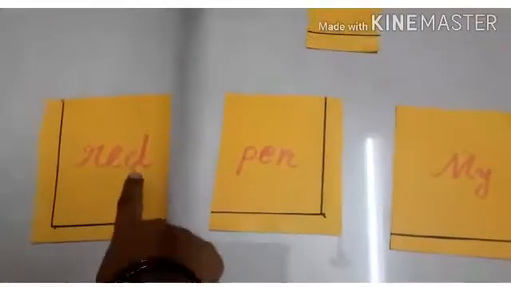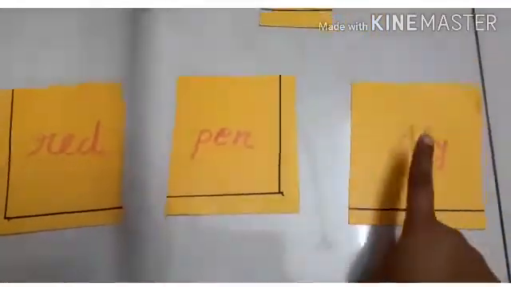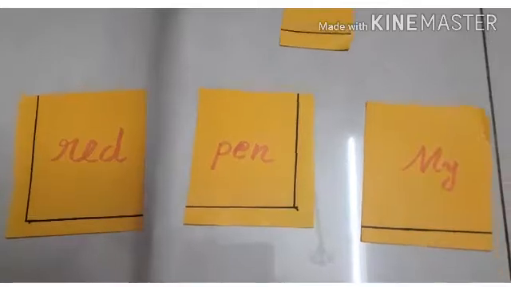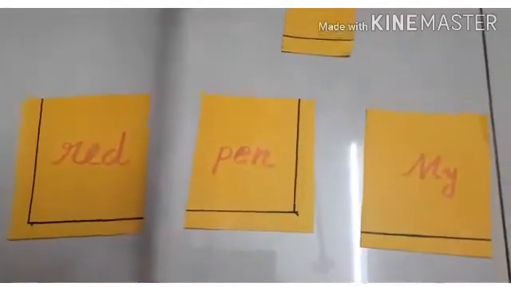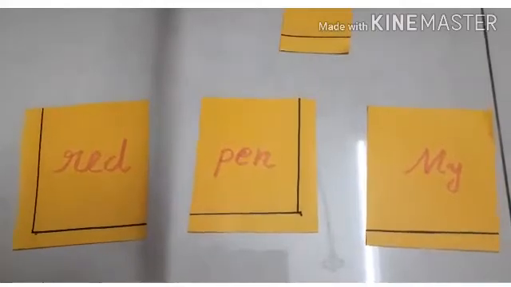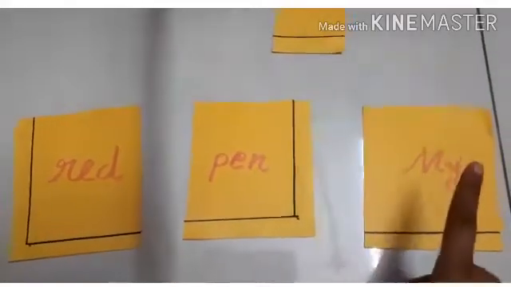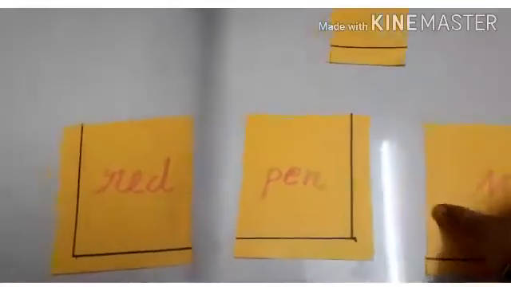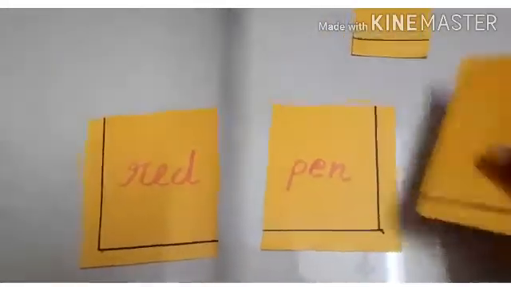Now this is okay. He can run. So we can see the next sentence. Look at the next words. Red, pen, My. Is this okay? No, we want to arrange these words to make a sentence. So here which word is starting with the capital letter? Of course that is My. So we can make it first.